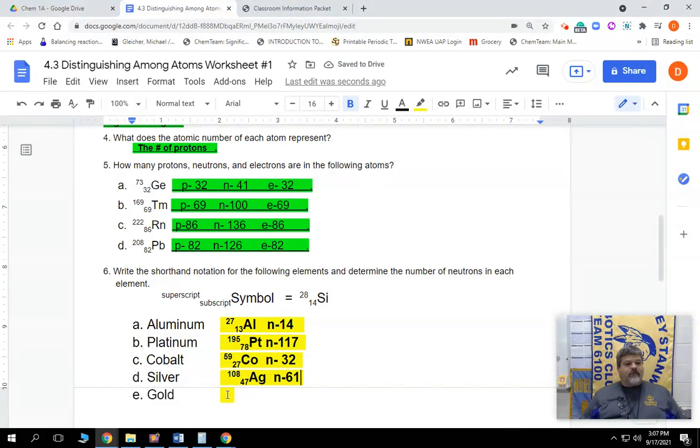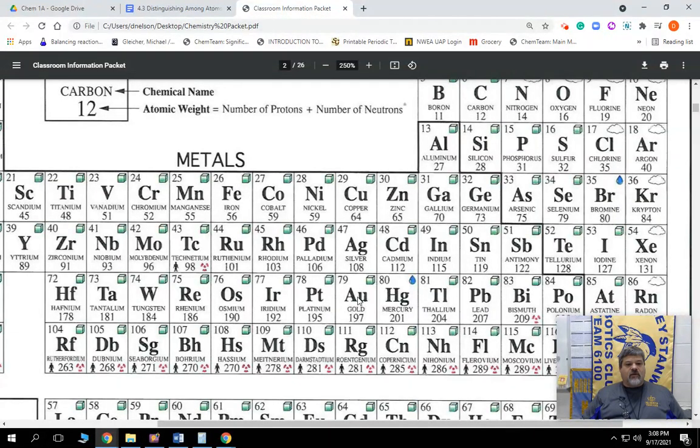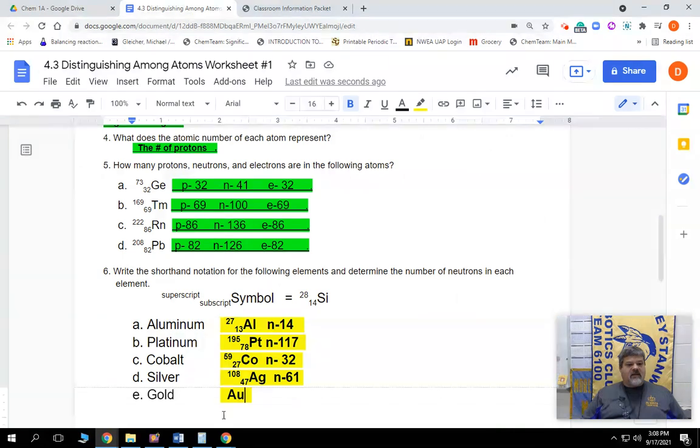Okay, let's go back to gold now. I know the symbol for gold is Au. Then let's go back and look at the numbers. Here's Au, here's gold. And we know that it's 197 and 79. So we're going to go control greater than 197, control less than 79.